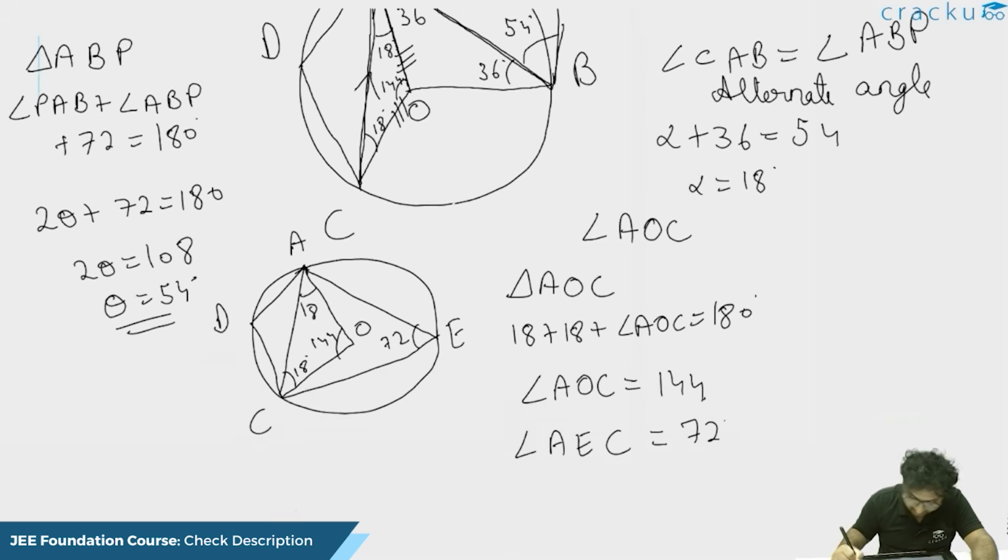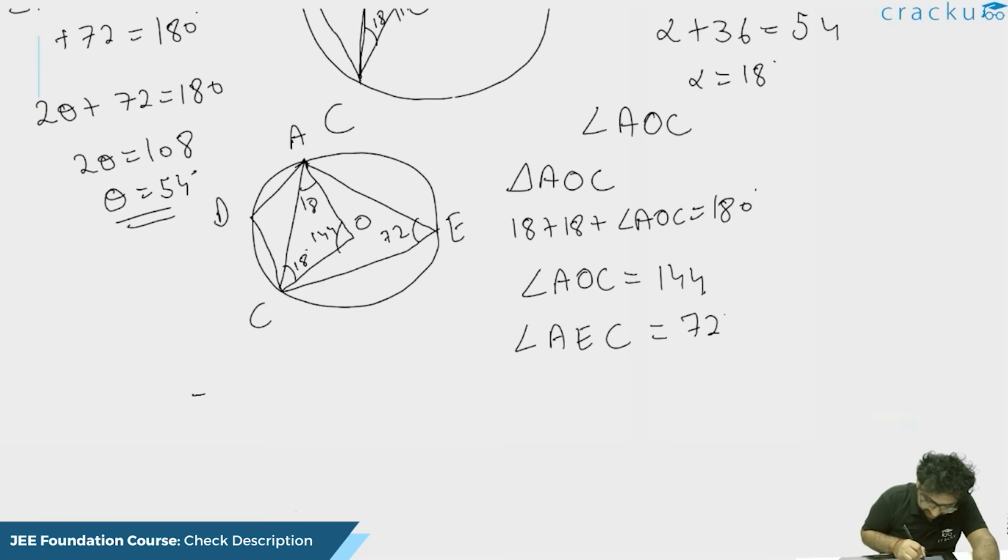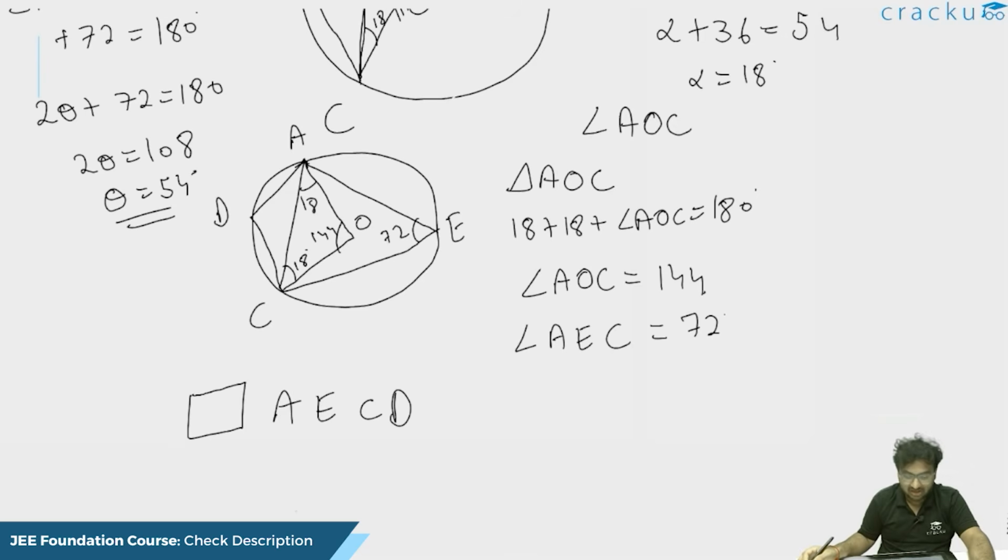Now if we see the quadrilateral AECD, it's a cyclic quadrilateral. In a cyclic quadrilateral, the opposite angles sum to 180 degrees. So this plus this would be 180.